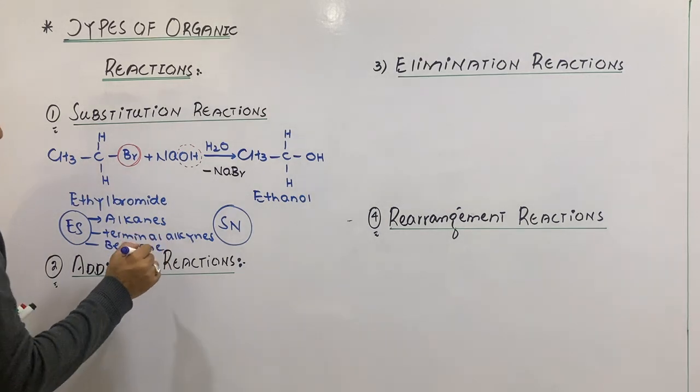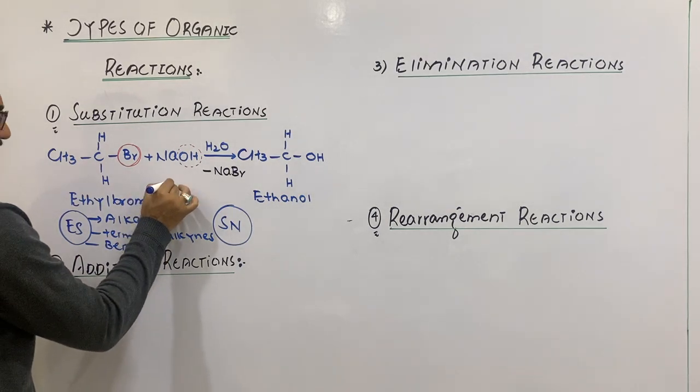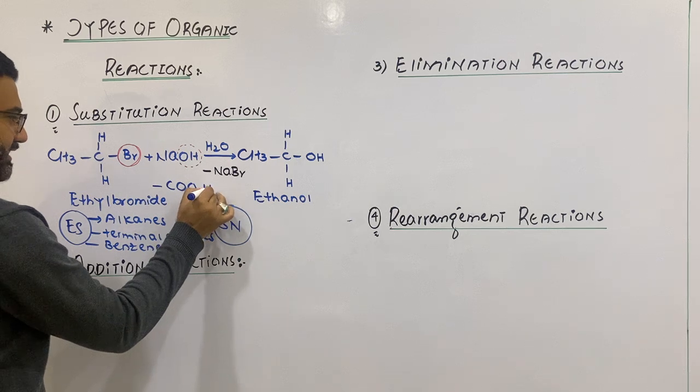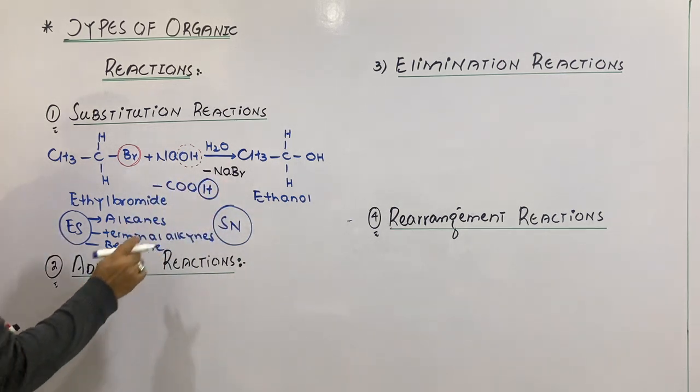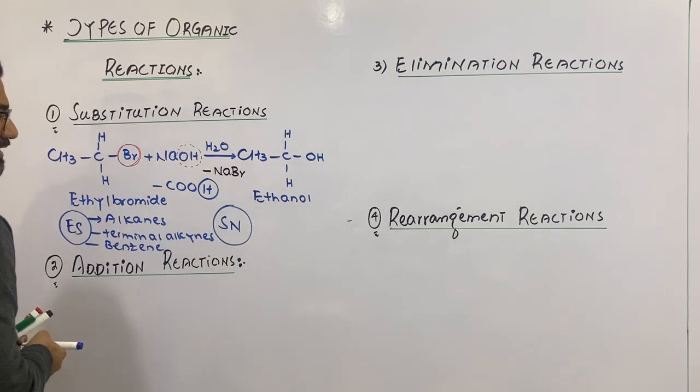Similarly, electrophilic substitution reactions are also shown by carboxylic acids when they show their acidic nature, when their hydrogen is replaced by some other group.